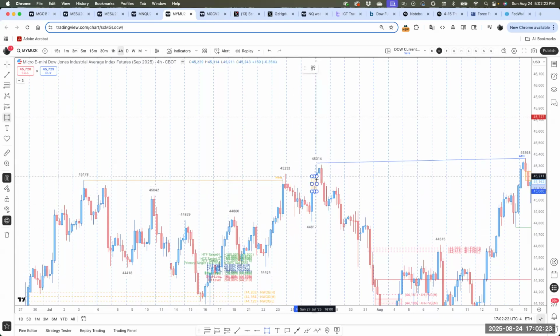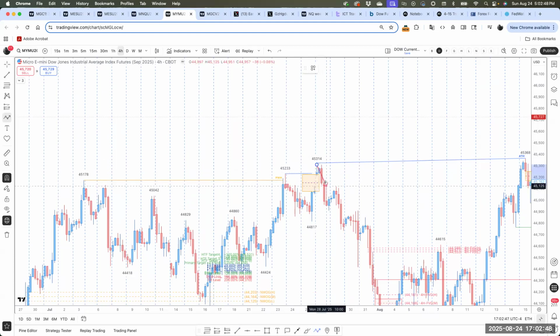You can see we would have been looking for this area to buy, right? And then you would have seen, once we took this high out and we have this area below, price comes back down into it, you're like, okay, cool, price coming back down.